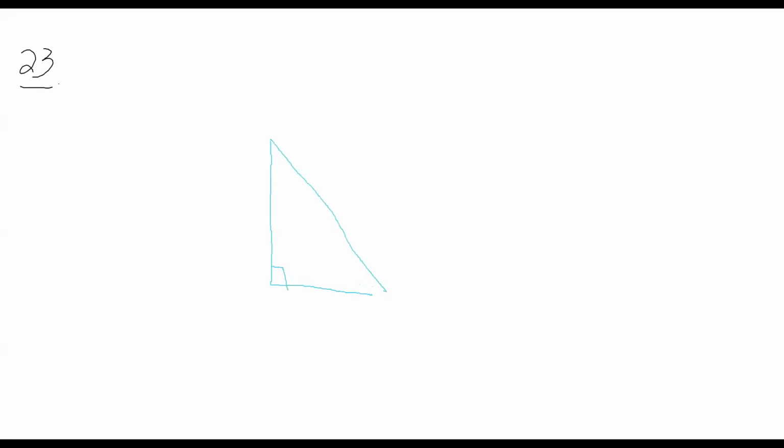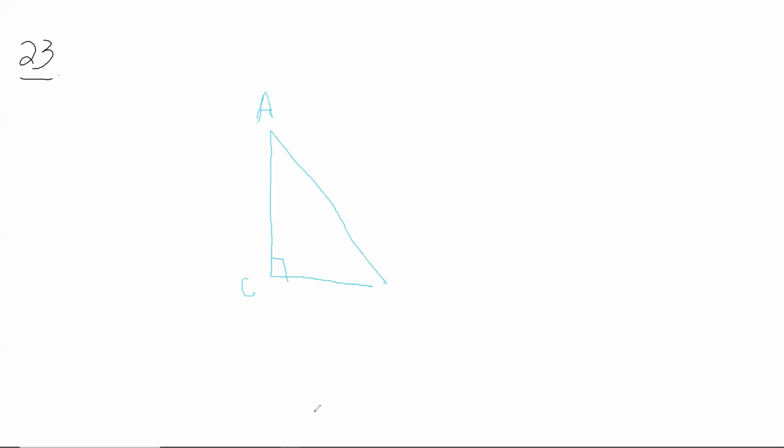Okay, so number 23: in the figure, angle C is 90 degrees, and that's an angle bisector.